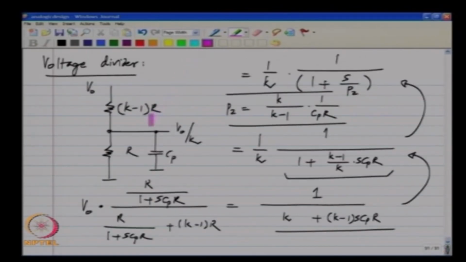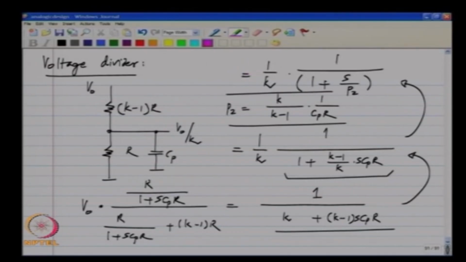We will later do the quantitative analysis and see how the equivalence is produced, but for now just note that if you apply a step to V naught and initially the voltage here is 0, the capacitor holds the voltage at 0, it does not rise up beyond 0. So, effectively even though you apply an input step, the output is not a step, for some time it will remain at 0 and it slowly increases.